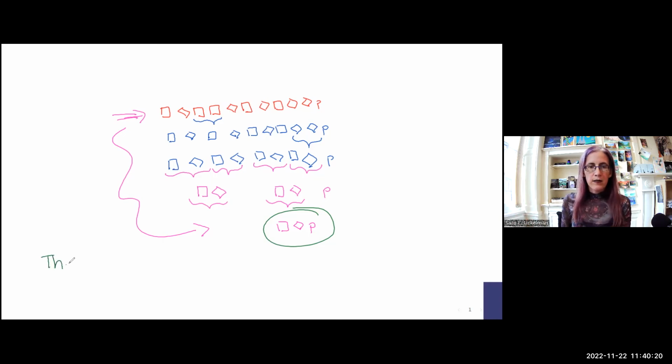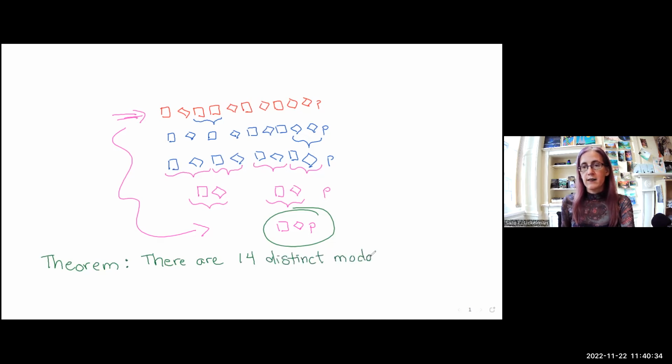But for now, this is what we are going to prove, this theorem, that there are 14 distinct modalities in S4. So these cannot be reduced to anything other than themselves.